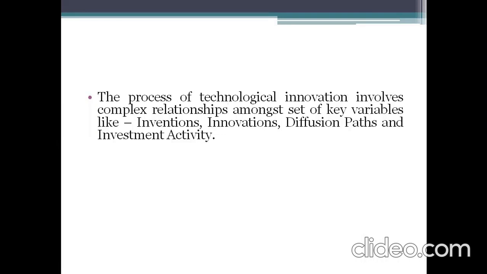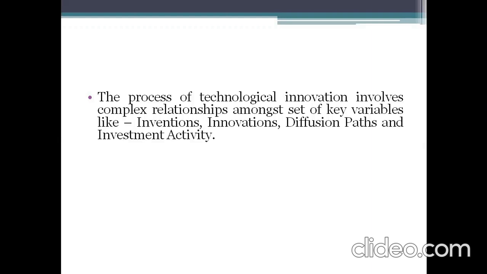The process of technological innovation involves a complex relationship among a set of key variables like inventions, innovations, the diffusion path, and investment activity. Whatever newness is coming to the market, whatever new experiments are happening in the development of a new product, such as the new products being offered and experimented with by a company like Tesla, these are inventions.